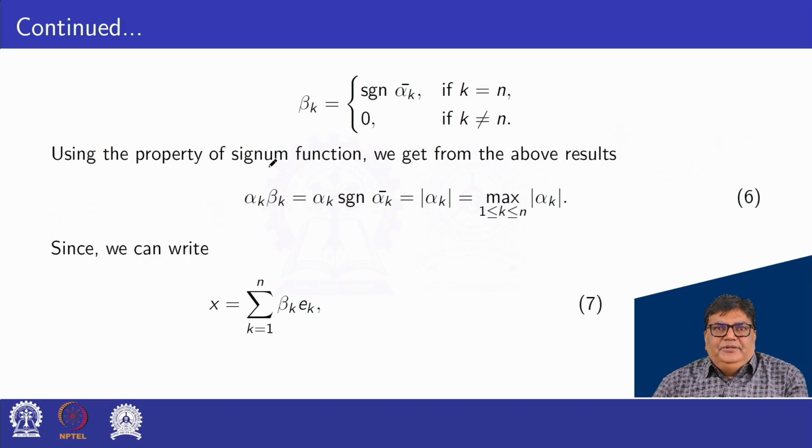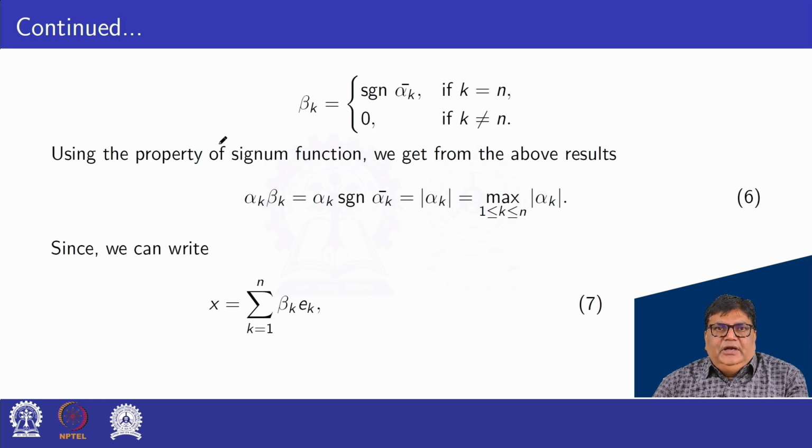Using the property of signum function, we get from the above results alpha k into beta k, that is, alpha k signum alpha k bar.